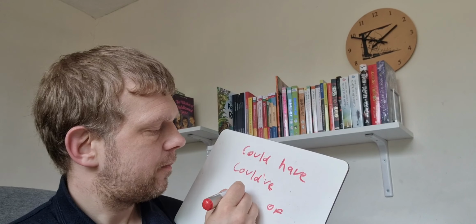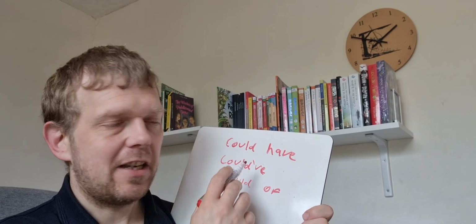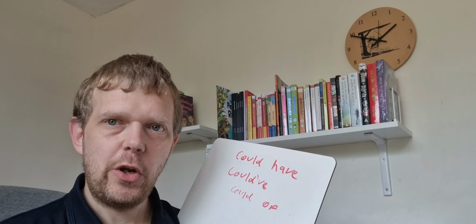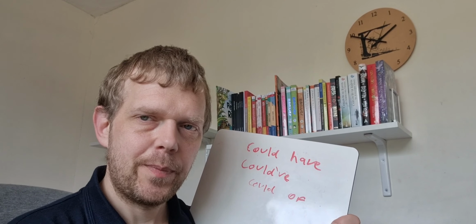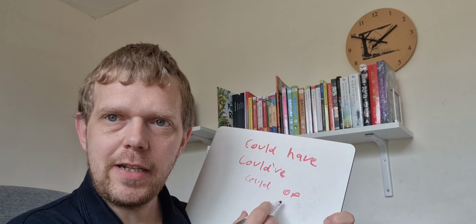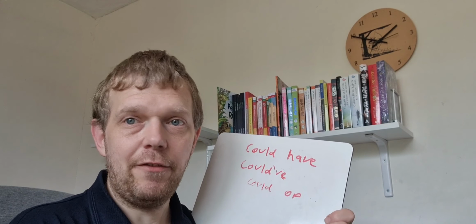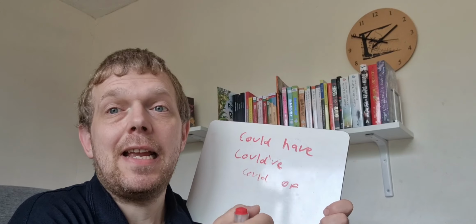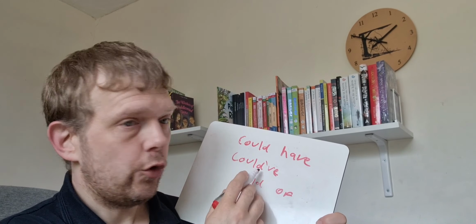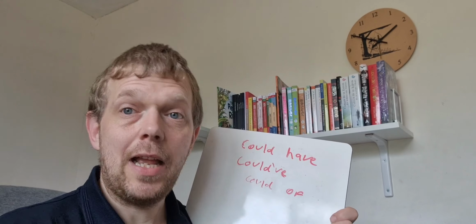And sometimes when you see it written, they write could of instead of could have. So of and have are different words with different meanings. So this is incorrect, but you may see it in a text. If you have some English-speaking friends, they may text could of. So this is incorrect. It should be could have or could've, and the mistake is relatively common.